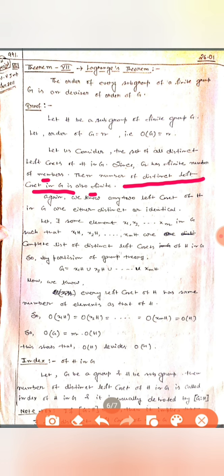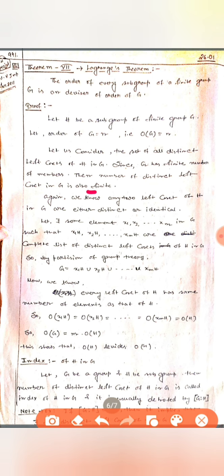As the number of members is finite, the number of left cosets is also finite.